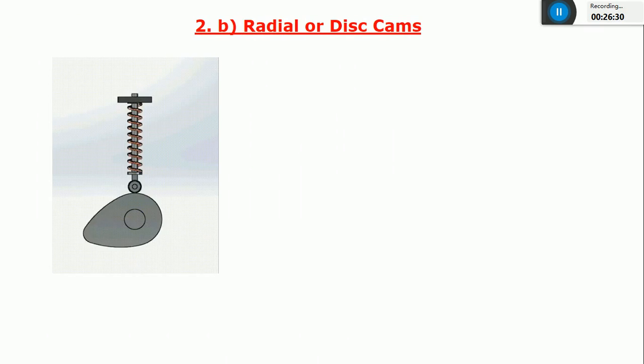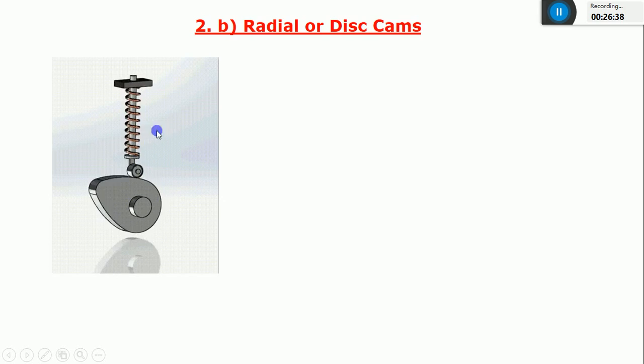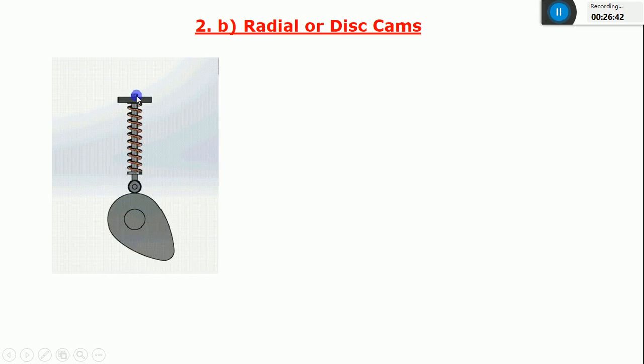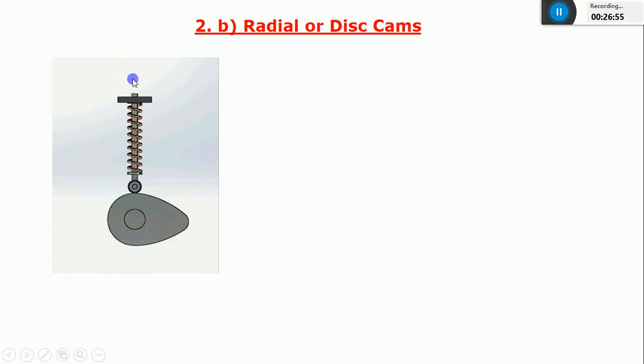This is the first one. This is a roller type of cam and follower, and I'm going to consider only the axis of the follower. It should be in line with the center of this camshaft. Also, you can see the follower is moving in a direction perpendicular to the axis of this camshaft.